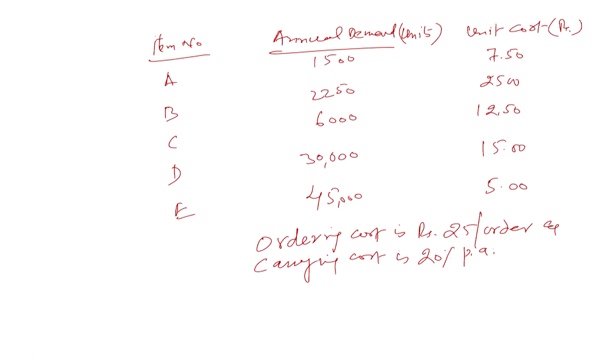These are the 2 costs. Now, if everything goes normal, then we are happy with this situation. We are using 5 kinds of materials, the units required are given here, and the cost per unit of these 5 types of materials is like this.